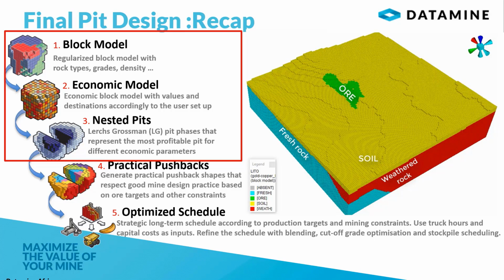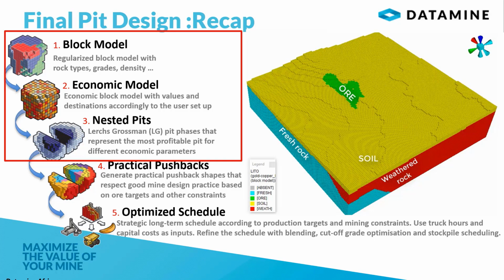For the ultimate pit, you defined the ore production rate per year, the discount rates, and the slope regions. You also ran the ultimate pit process using the Lerchs-Grossmann algorithm, and after that you selected the ultimate pit based on NPV.